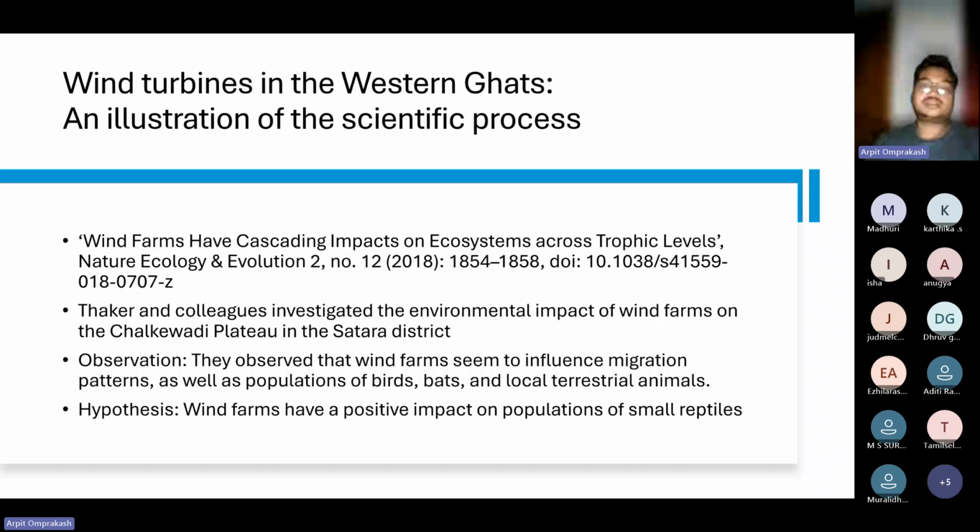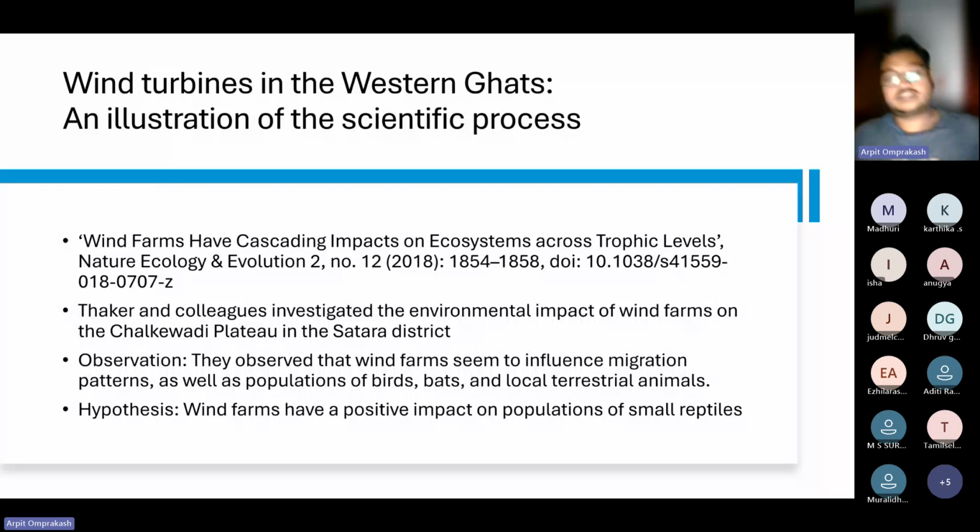So Thacker and colleagues investigated the environmental impact of wind farms on the Chalekwadi Plateau in the Satara district of Pune. They observed that wind farms seem to influence migration patterns as well as the population of birds, bats, and local terrestrial animals.